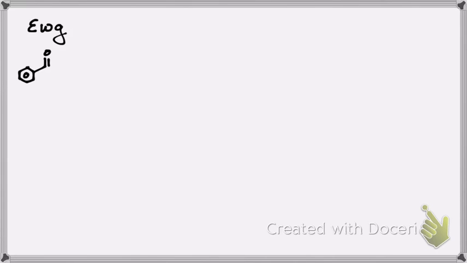And then for other aspects of electron withdrawing groups, things that are good electron withdrawing are things that have a partial positive charge in the benzylic position. Okay.